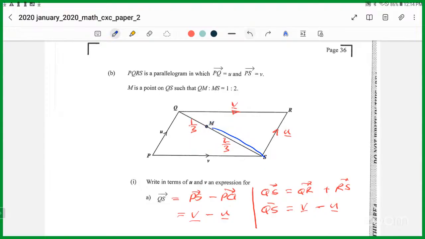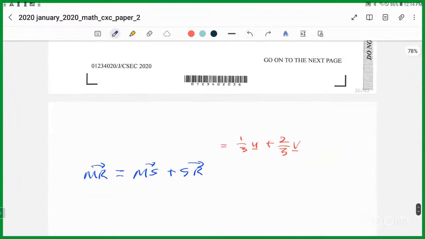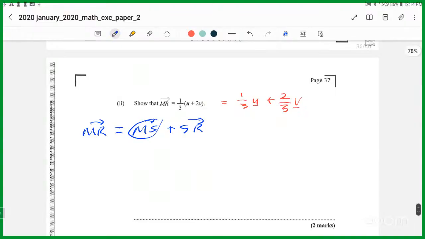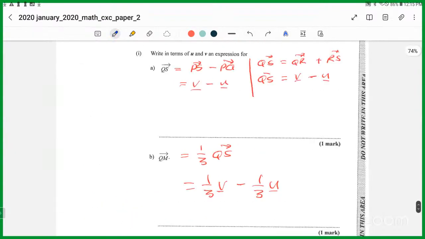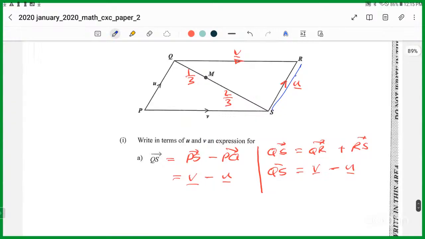Let me write it. 2/3 of QS. Plus the SR is just U. See there? The S to R is just this vector U. So adding U.